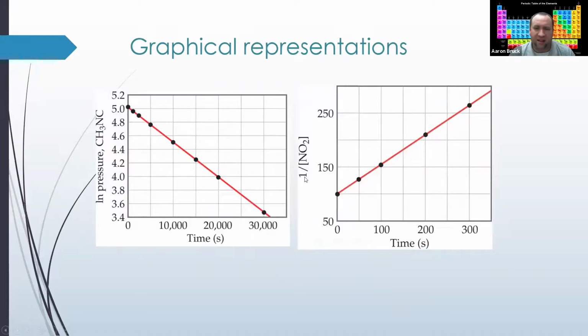And this is the plot for nitrogen dioxide as it reacts, I guess not a decomposition, but as it reacts to make N2O4. Its reaction is actually second order in nature.